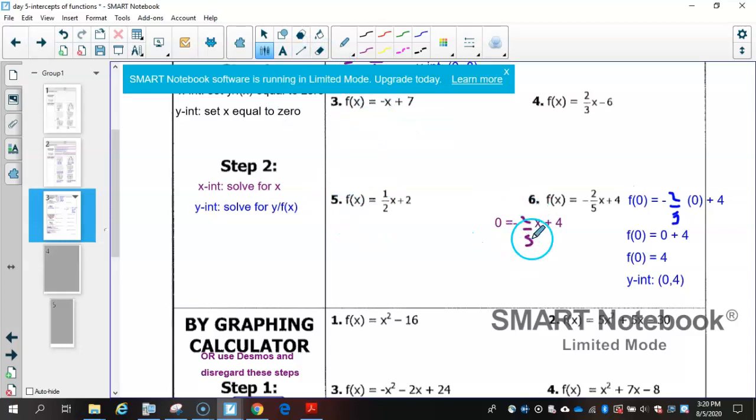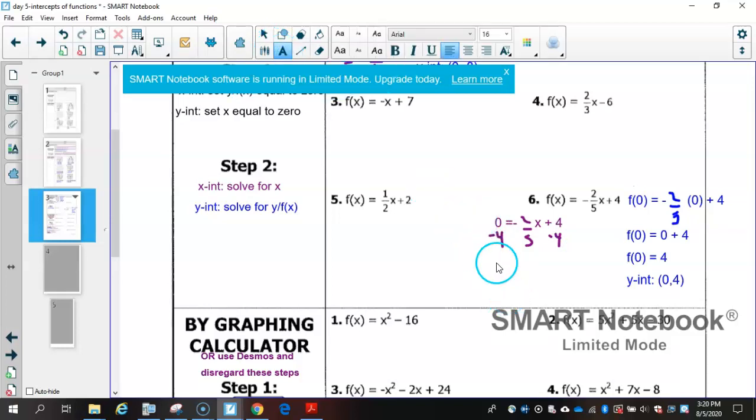And here I need to get x by itself, so the first thing I'm going to do is subtract 4 on both sides. Man, I'm glad I caught that because that would have messed our entire problem up. So then we have -4 equals -2/5 x. I just have to go back and forth a little bit between the pen and the typing.